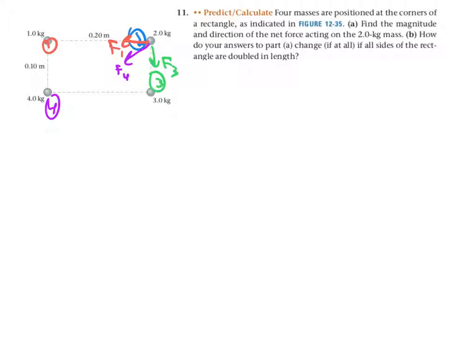And we'll get those three individual forces, which then we'll have to add in a vector sense, but we'll get them first. So we have that F1 is going to be G M1 M2 over R1 squared, where we can call this R1.